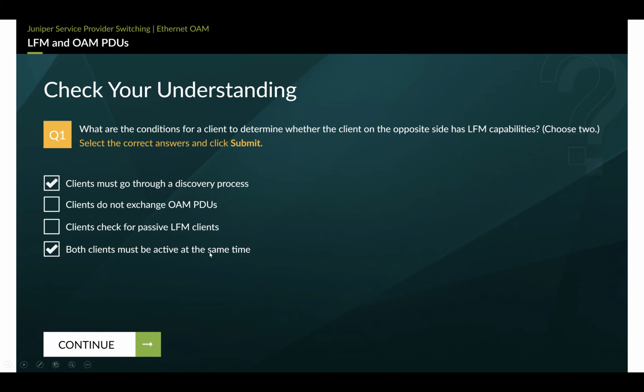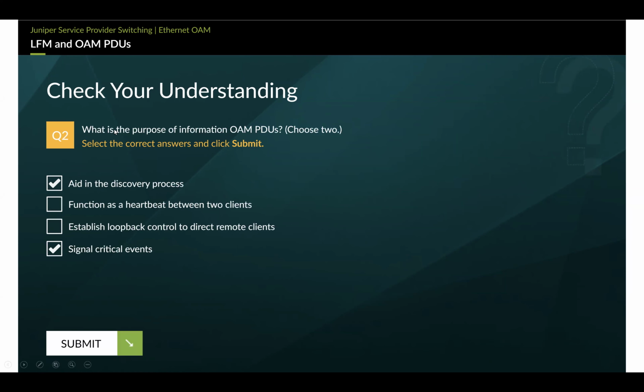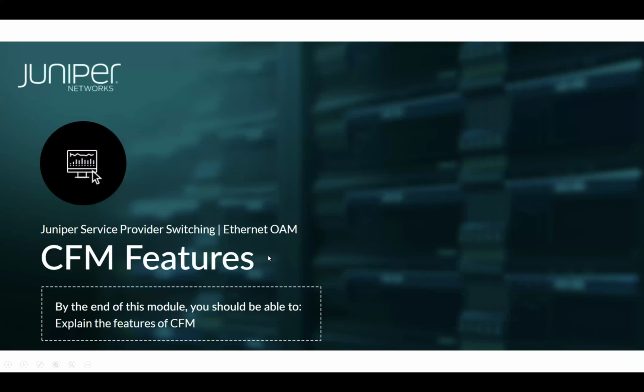Both clients can be active, or one can be active and another passive, and the active mode device sends the discovery message. What is the purpose of information OAM PDU? In the discovery process, to signal critical events.